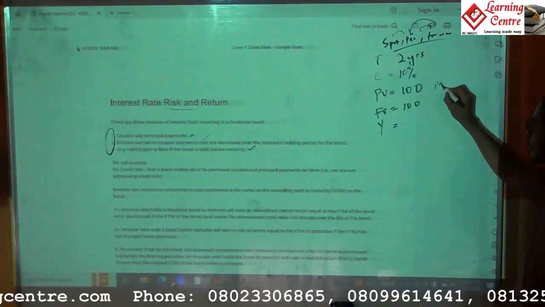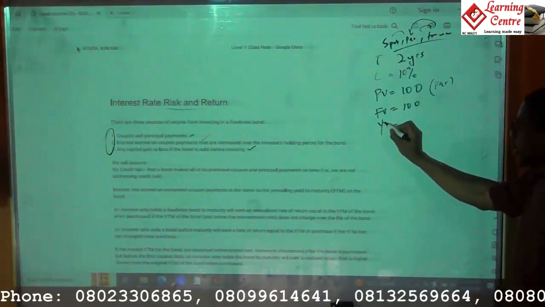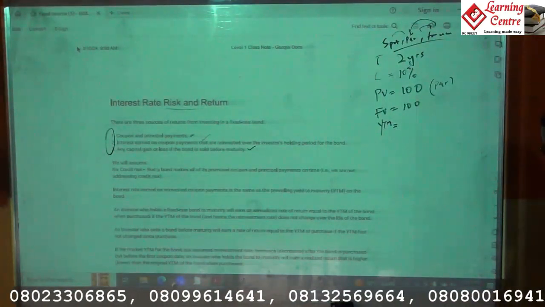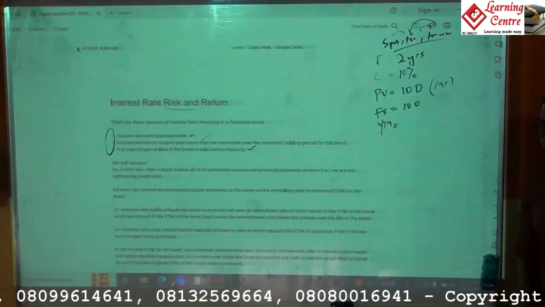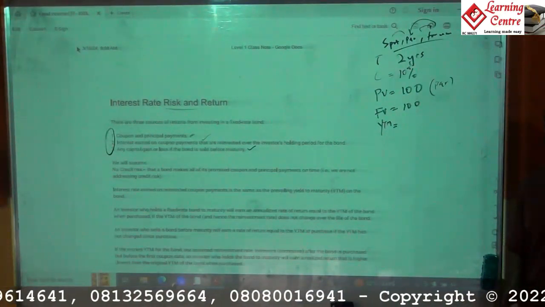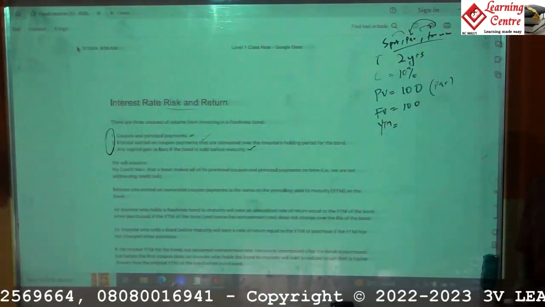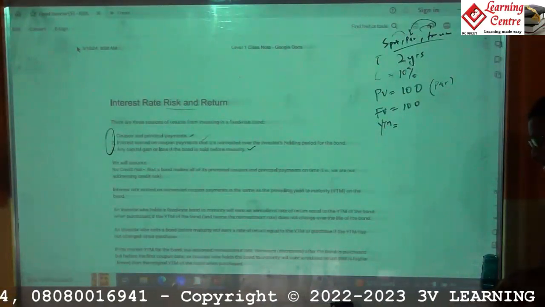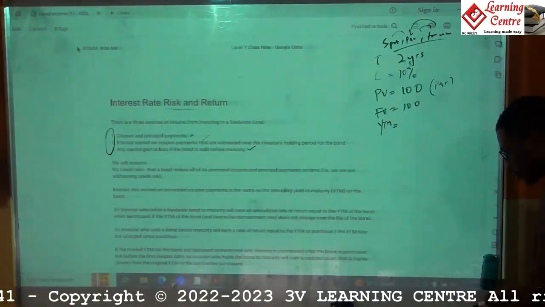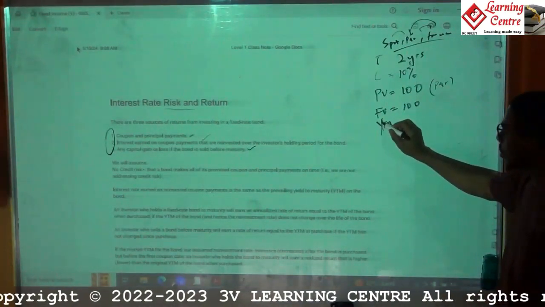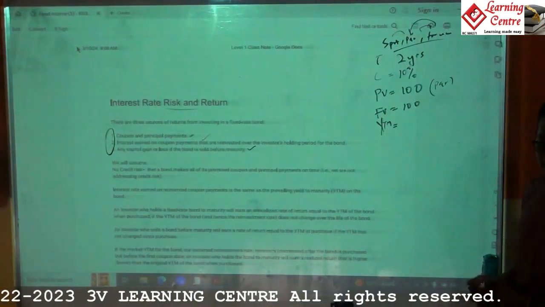Okay, so what we say the yield here is, this will be a calculation.